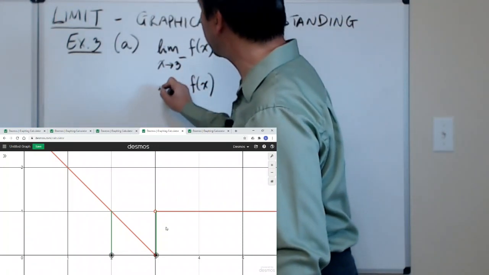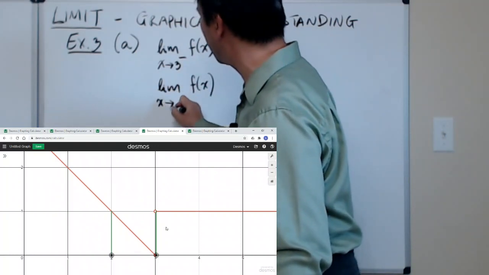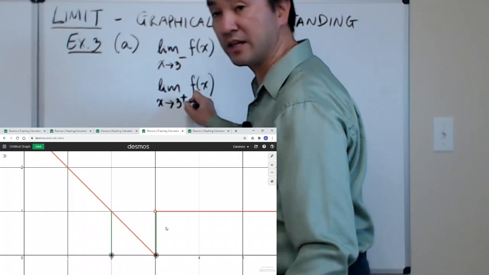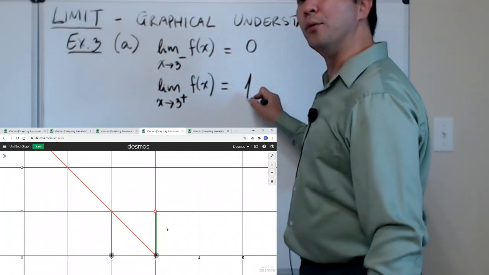If we're finding the limit of this function by letting x come close to 3 from the right-hand side, that limit actually turns out to be 1.